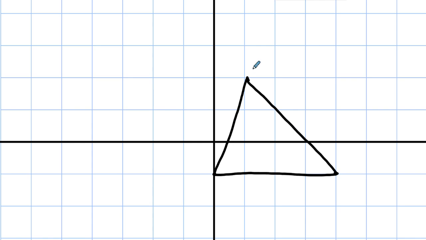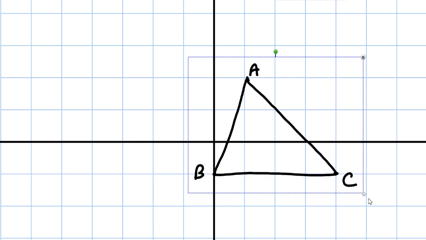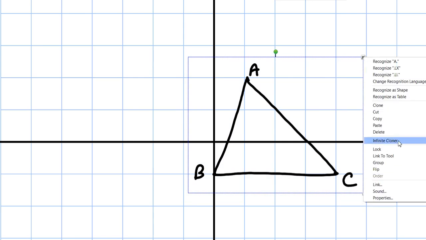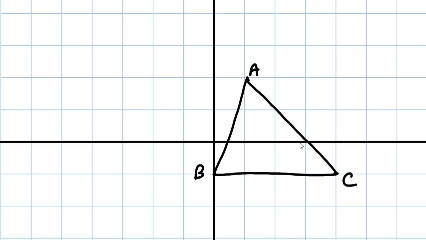Well, this is the coordinate grid, and let's just pretend that you have some shape, and it looks like this. This is triangle A, B, C. Now, a translation takes that triangle and just moves it around the grid somehow.